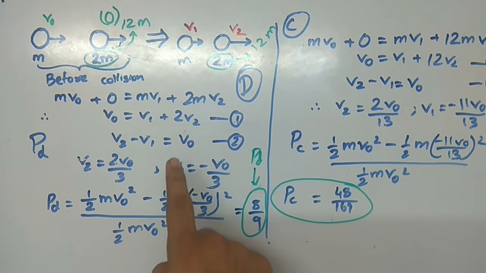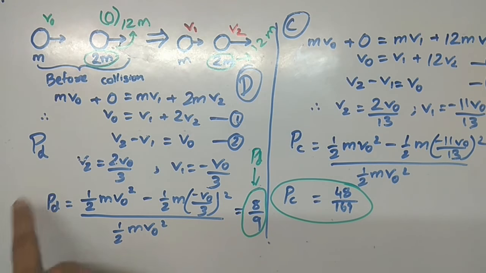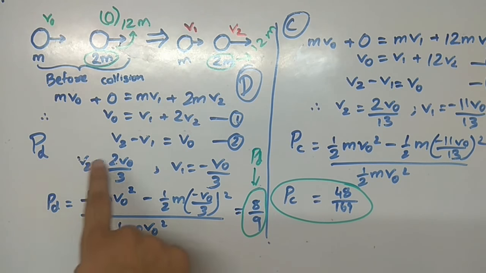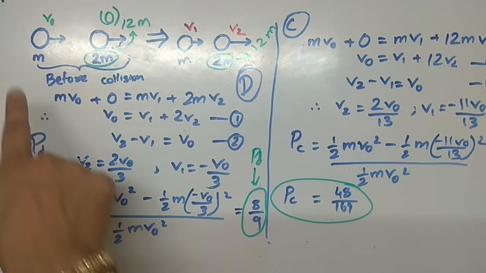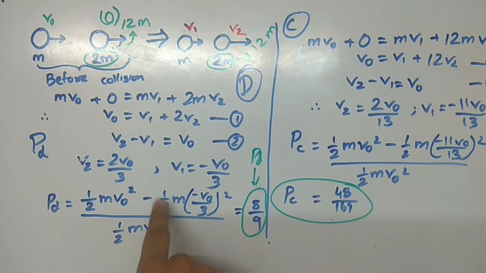We got this equation and simultaneously solved. We got the values of v2 and v1. Then for fractional loss PD, that is the initial kinetic energy of the neutron minus the final kinetic energy of the neutron, upon the initial kinetic energy of the neutron. In the same way we found PC, and now finally the answer.